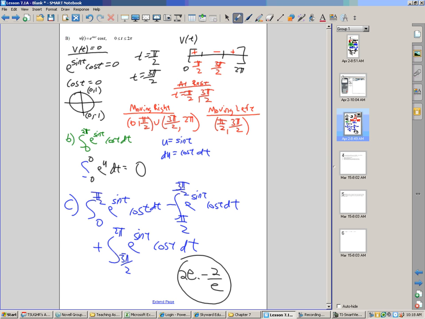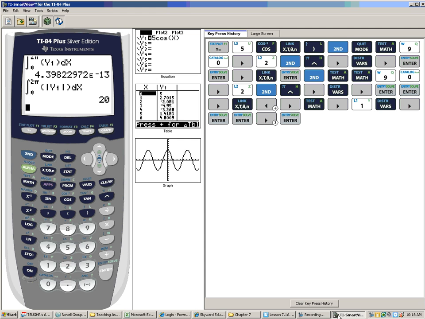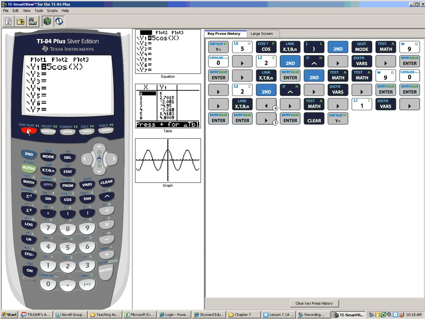Let's come back, take a look at it on the calculator, see if we get those same values. Everybody got this? All right. Y equals. The original function again was e raised to the sine of t times the cosine of t, correct? Is that what it was?